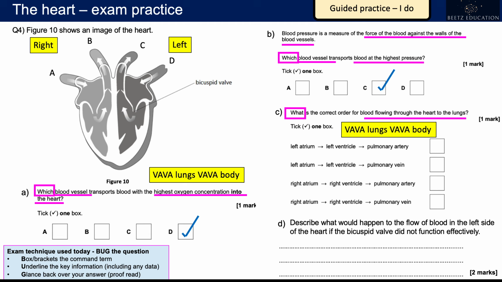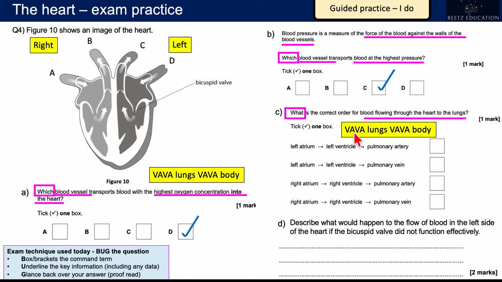Next, the correct order for the flow of blood through the heart to the lungs. Again, vava lungs, vava body's going to help me out here. So, vein, atrium, ventricle, artery, lungs. Now, none of them start with vein, so I've clearly got to begin this process with an atrium, and we're looking at the right hand side of the heart when we consider vava lungs, vava body.